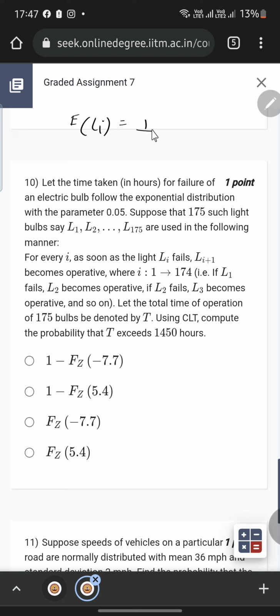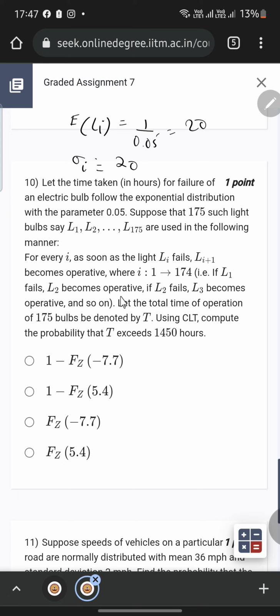We will get 1 by 0.05, which is 20. Same, we will get standard deviation of Li would be 20, because standard deviation is equal to mean in exponential distribution.